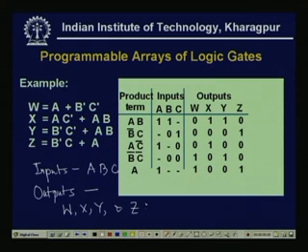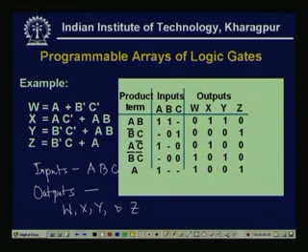The output expressions are W equal to A plus B dash C dash, X is A C dash plus A B, Y is B dash C dash plus A B, Z is B dash C plus A.